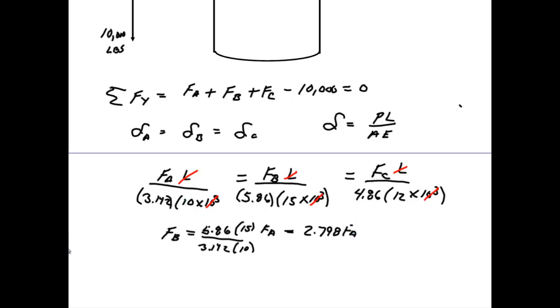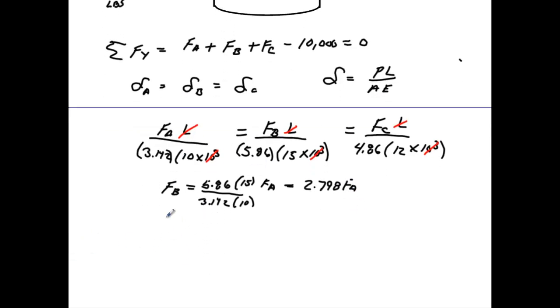Now you can do the same thing for FC, and if you run those numbers, you should get FC equal to 1.85 FA.